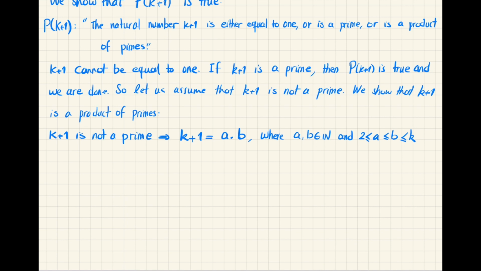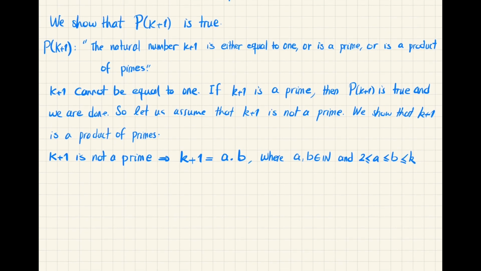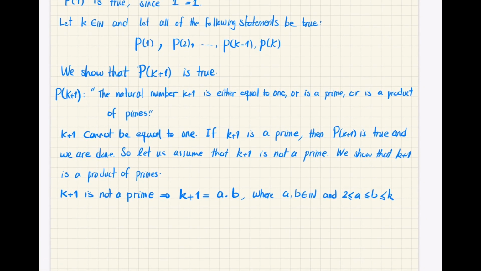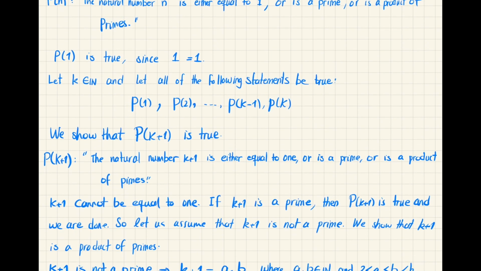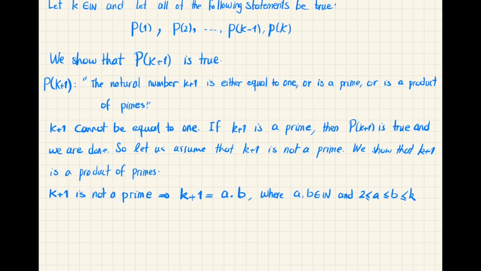Okay? So when you say that k plus 1 is not a prime, then it means that k plus 1 can be written as a product of two numbers. Those numbers are natural numbers, and they satisfy these conditions. Okay? But now this is the power of the strong principle of mathematical induction. If I ask you, where can you see these numbers a and b in this list?